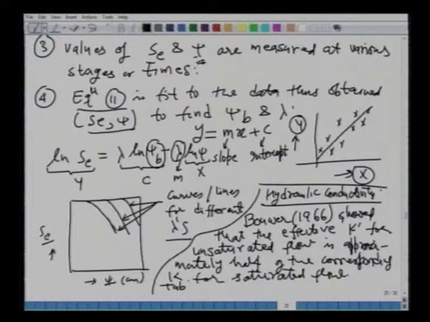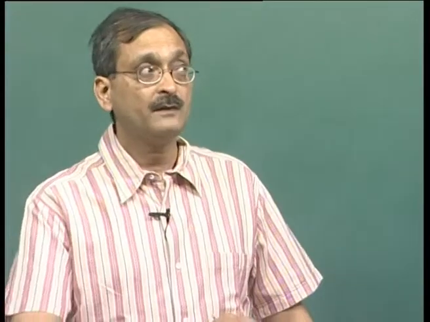Table 4.3.1 in Chow's book gives you the values of various Green-Ampt parameters, okay, for different types of soils. All right, that is sand and clay and gravel and so on. Okay. So, this is about the Green-Ampt equation, its derivation and various types of parameters.